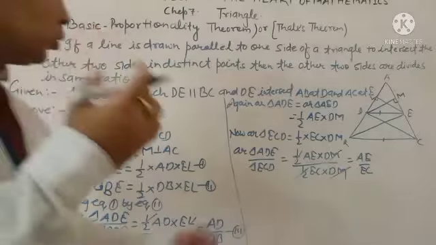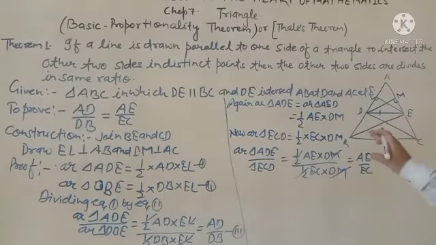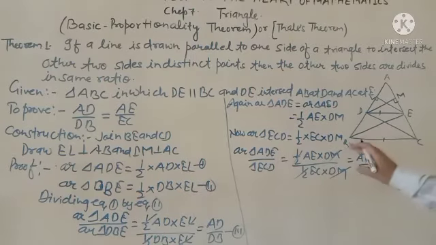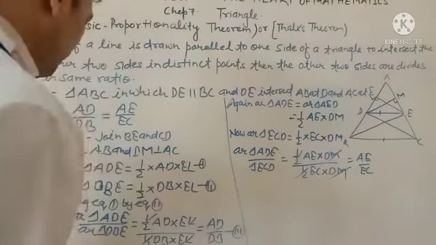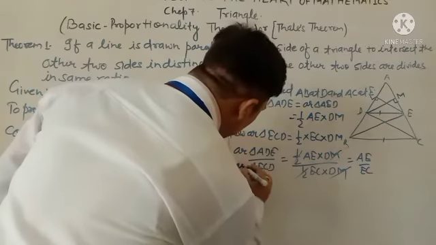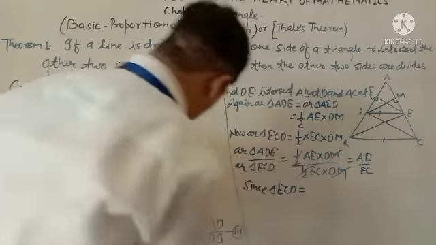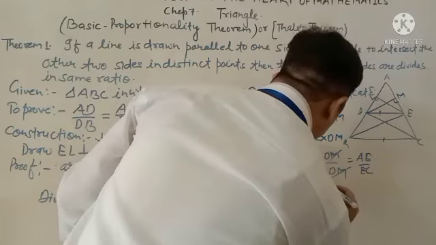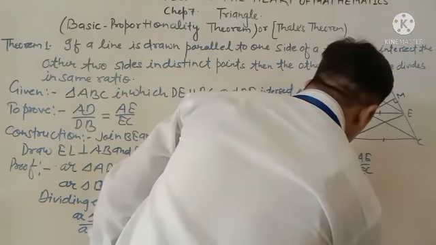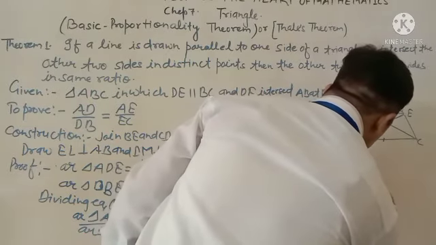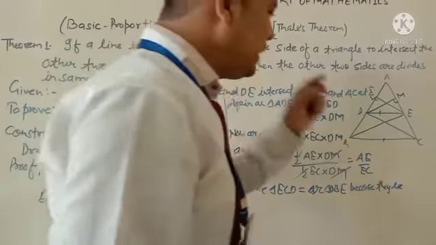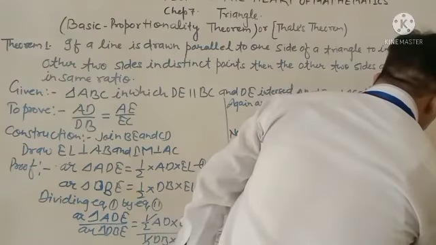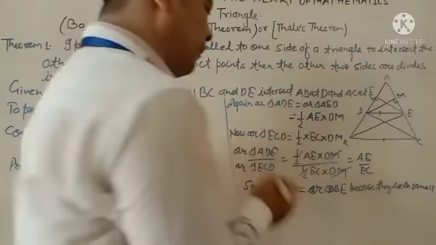But you know that area of triangle ECD and area of triangle DBE are equal because they have the same base and lie between the same parallels.